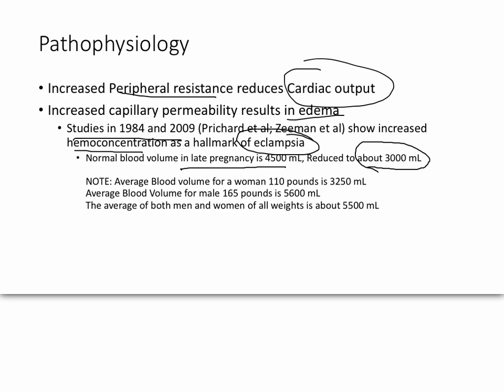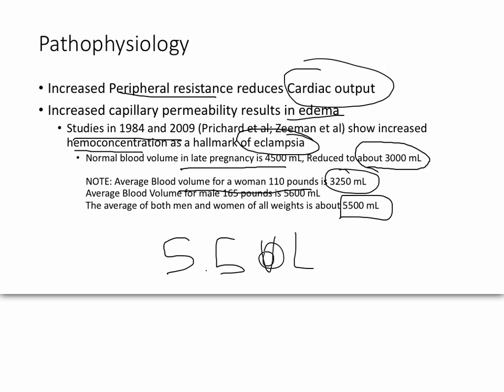Now, I know what you're thinking. You're thinking, I've read through physiology textbooks and they say the normal volume of blood is 5.5 liters, or 5,500 milliliters. But that's the average for everybody, men and women. If you take the average blood volume for a 110-pound female, it's 3,250 milliliters.